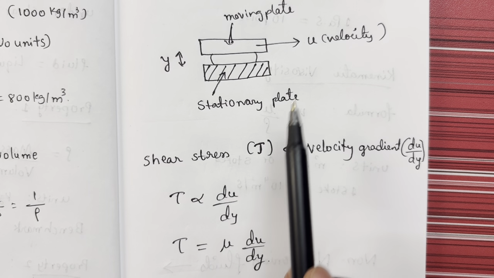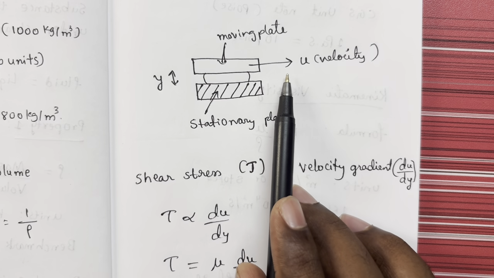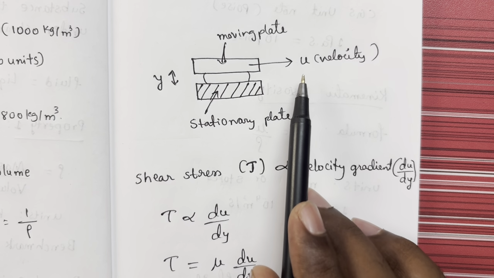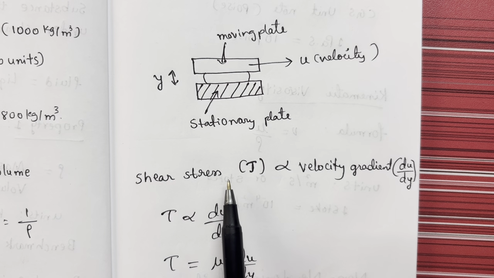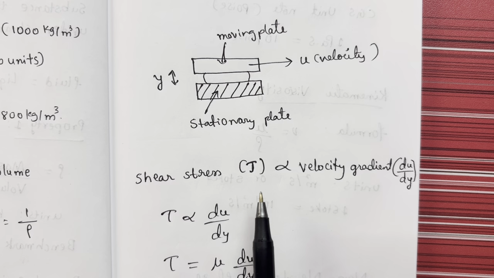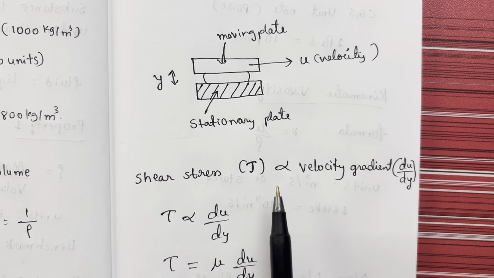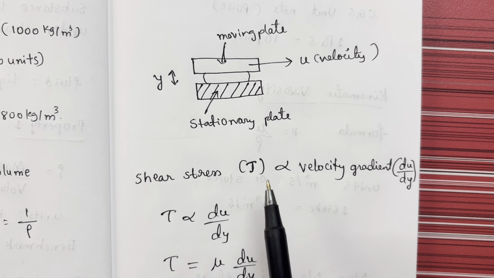To pull the top plate, we have to apply a force. That force per unit area is called shear stress, which is denoted by the Greek letter tau. Now, Newton observed something brilliant, that the shear stress you apply is directly proportional to the rate of shear deformation, or what we call the velocity gradient. In simple terms, what is shear deformation?